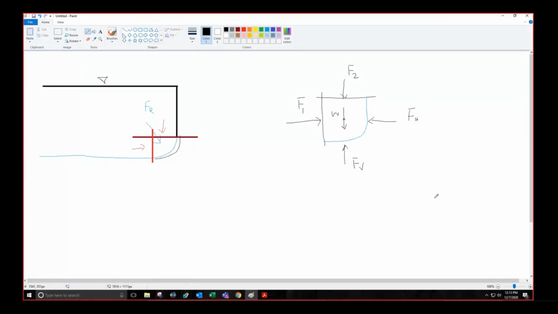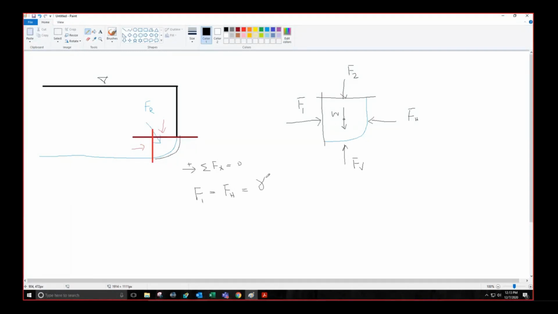Yes, sir. Now we can calculate simply by applying equilibrium. If we write summation Fx equal to 0, with right being positive, we can write F1 equals FH, which is basically the hydrostatic force on this projected area, right? On this rectangular or planar projected area.